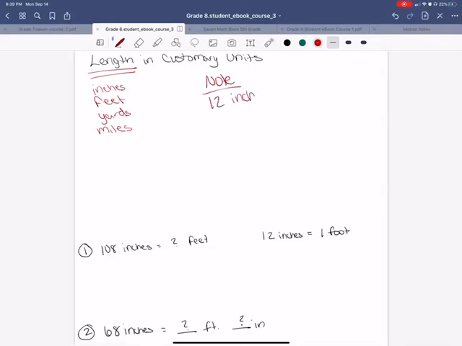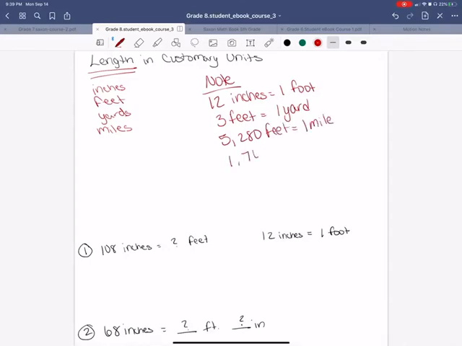There's 12 inches in 1 foot. There's 3 feet in 1 yard. There is 5,280 feet in 1 mile.